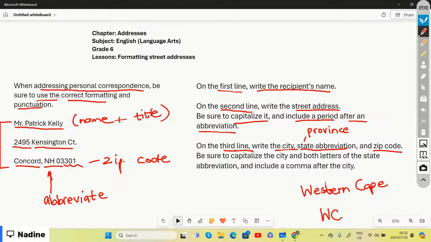I think this is probably a USA type of lesson plan, because we also mentioned postal code and province, whereas in the US they use state. I don't think zip as in zipper, but yeah.